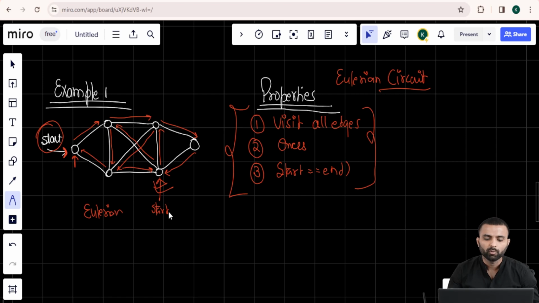These three properties are also followed by this. Not only this, all the nodes, like this node, this node, this node, are following the property. If a single vertex follows the property, as simple as that, you can do the dry run and check whether it's true or not.